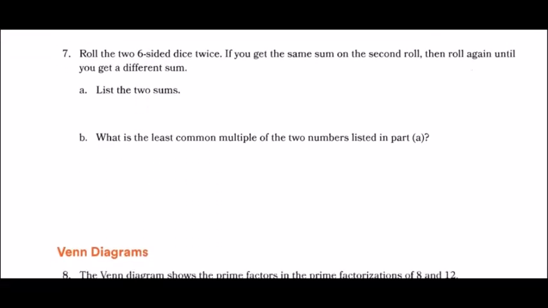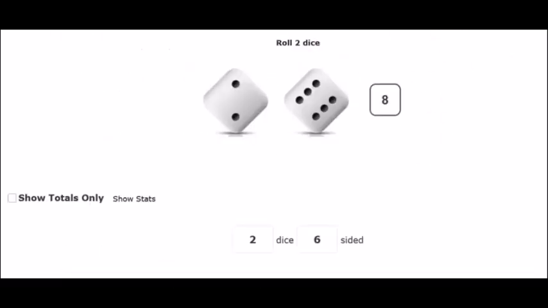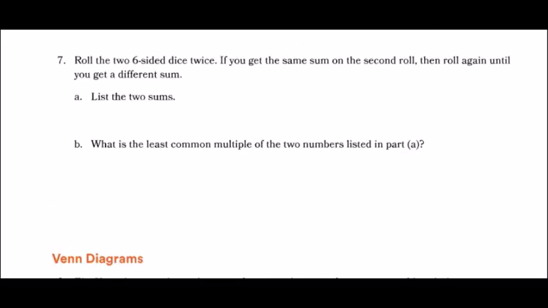So now we're looking at rolling 2 dice twice. This little applet does not have sound, but here we get a 6 and a 7. So our sums were 6 and 7.